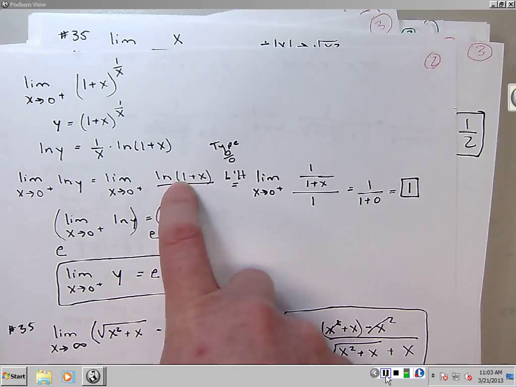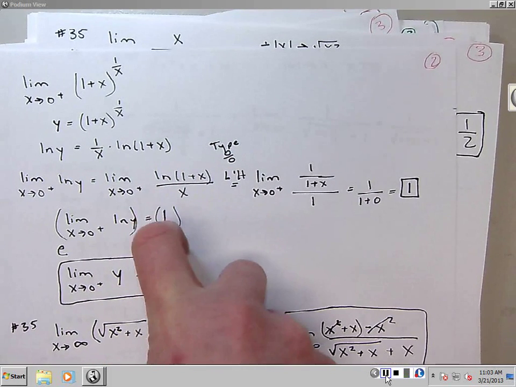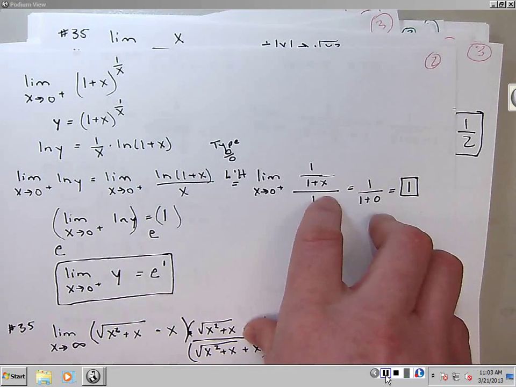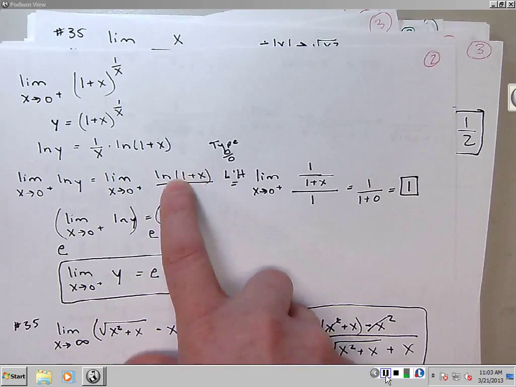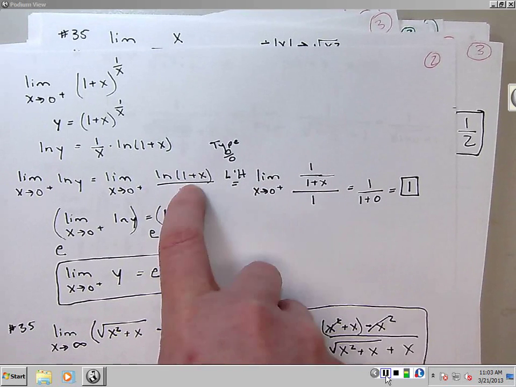So I don't have to do anything more except take the derivative. I take the derivative of the top separately from the derivative of the bottom. Some of you are trying to use the quotient rule, which is so much more complicated and messes up the problem. So you just take the derivative of the top, which clearly is 1 over x, or 1 over 1 plus x. The derivative of x is 1.